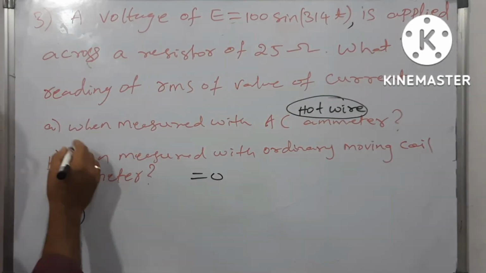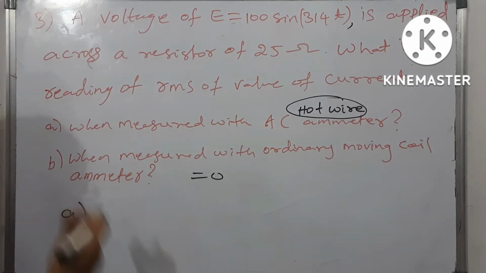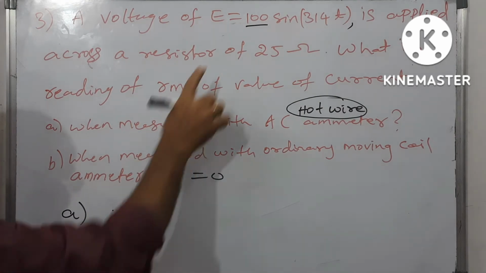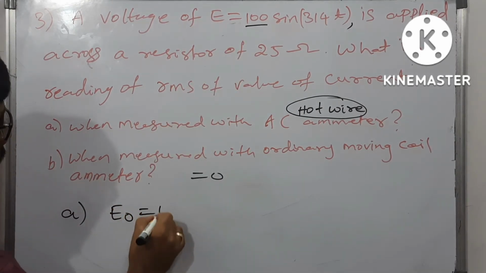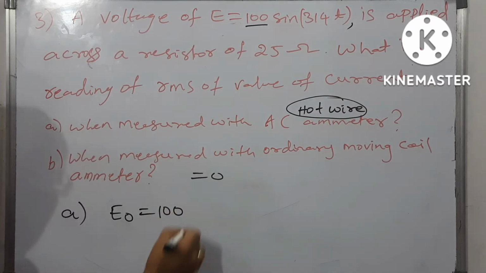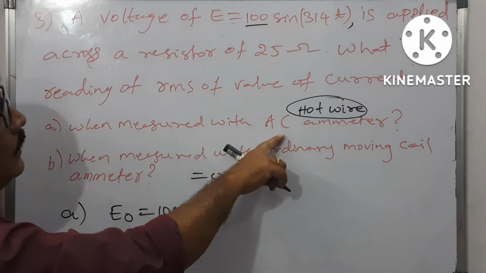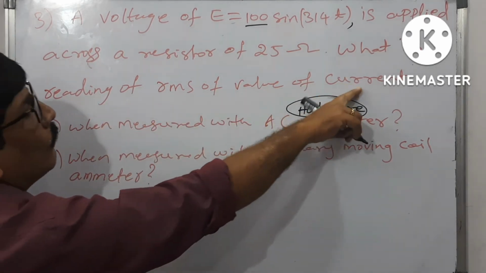Now, for the first answer, when measured with an AC ammeter, what is the RMS value? In this equation, the E naught value is given. E naught is 100 volts. But he is asking for the reading of the RMS value of the current.